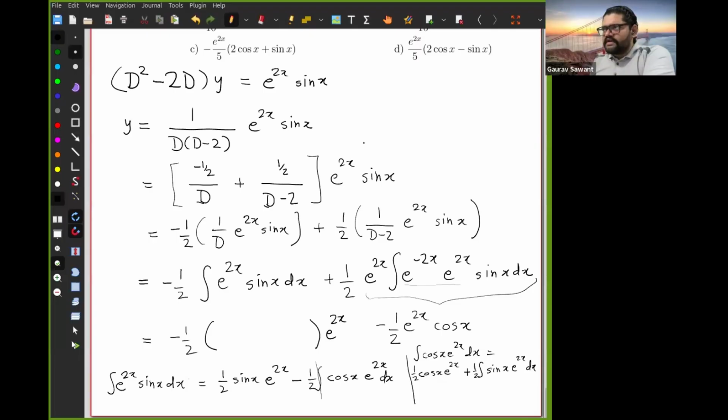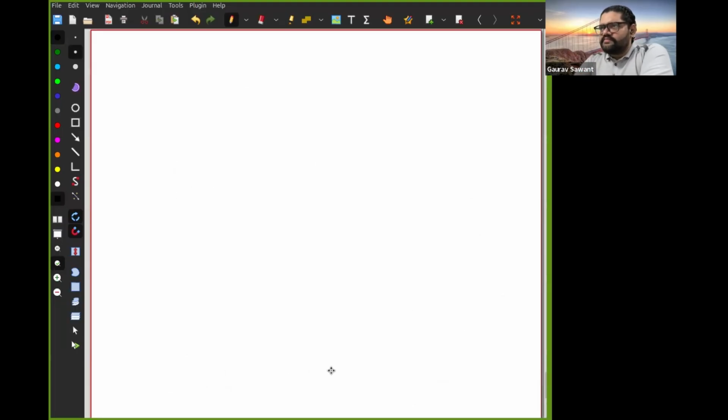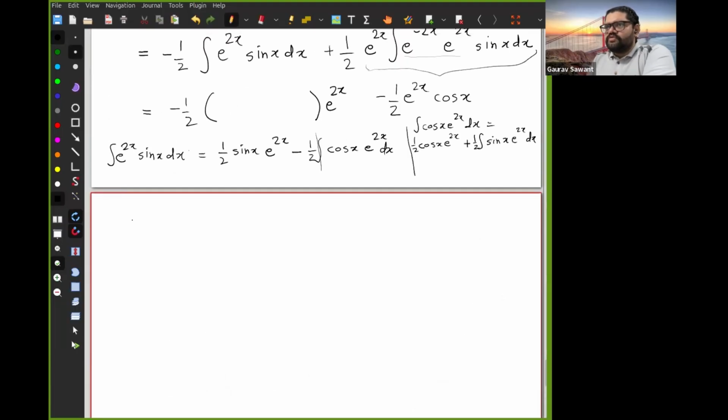So with this, let me just replace this cos x integral. Let me add a page and do this. I will write this again.